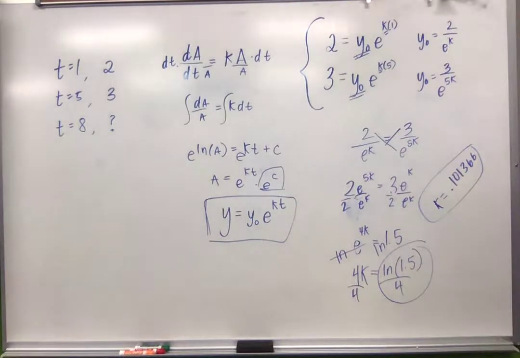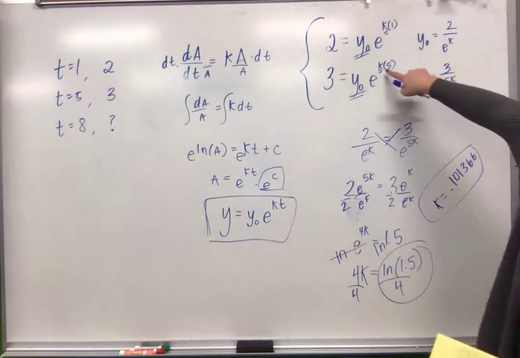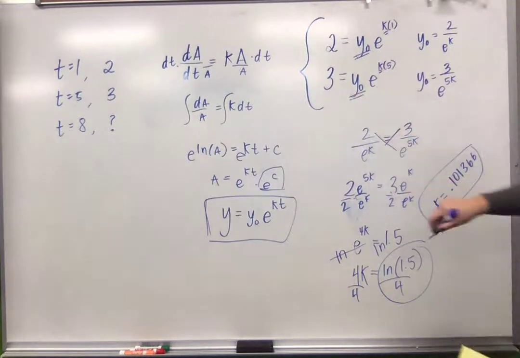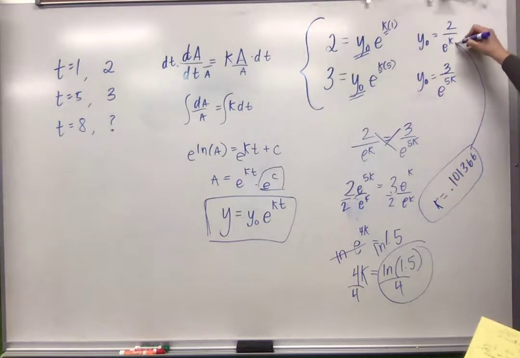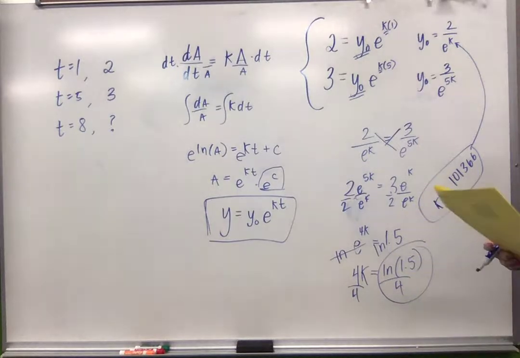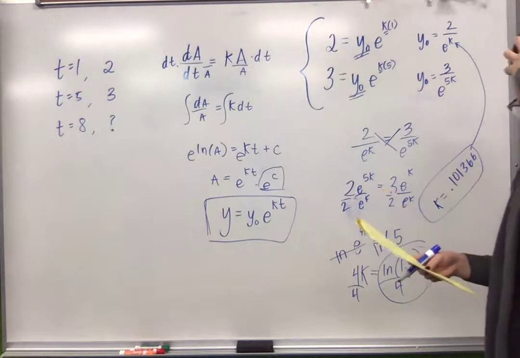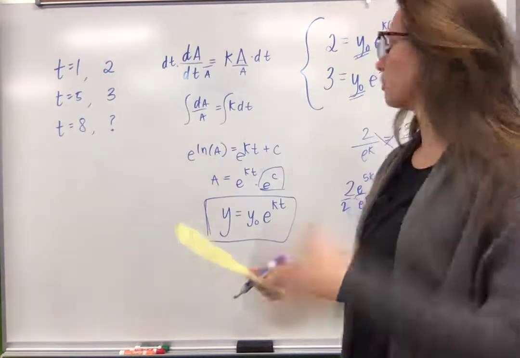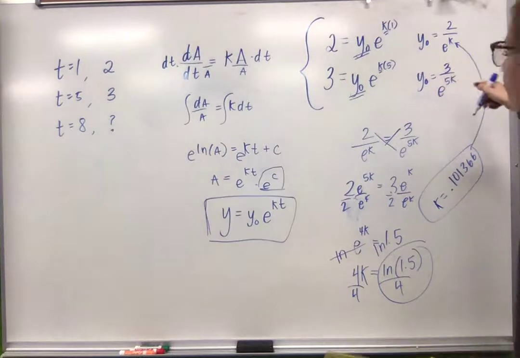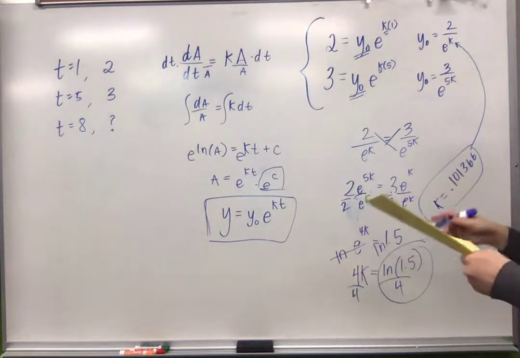That was so exciting. Now that I have that, we're almost ready. The last thing you need is just this y naught. So you can just take the k and plug it into either of these equations and figure out what your y naught is. I think it's like 2.23 or something. I don't know where my work is, but I solved for it somewhere. So just plug it back in and solve for y naught, so you know what your two things are.